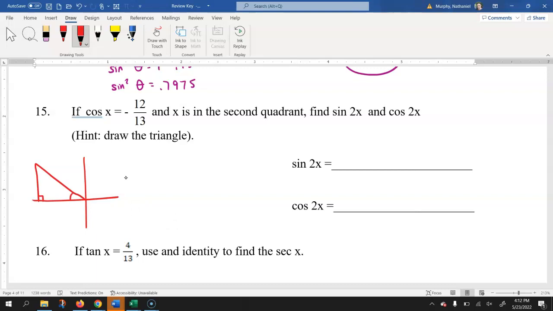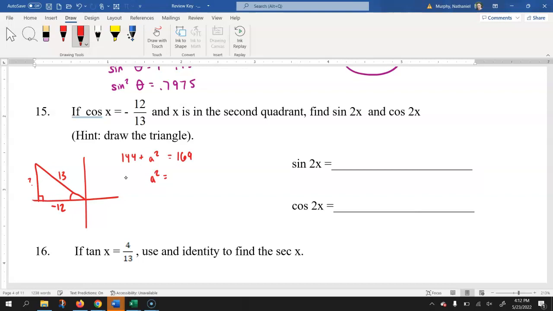Now, remember, cosine is adjacent over the hypotenuse. So that tells us this would be negative 12. Our hypotenuse would always be positive, so that's going to be 13. So the first thing I've got to figure out is, well, what's this value here? So we can use the Pythagorean theorem. It would be negative 12 squared, or 144, plus, we'll just call that a squared or b squared, whatever you want to call it, or even x squared, equals 13 squared, which is 169.